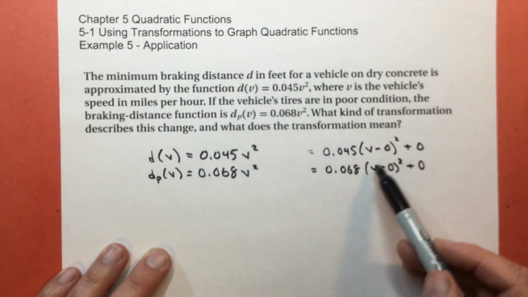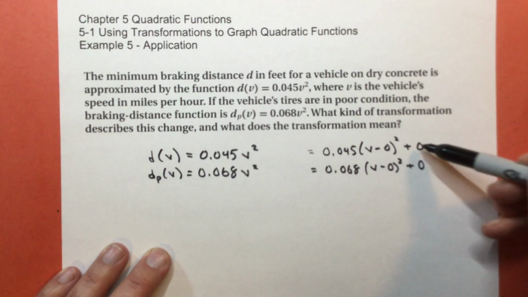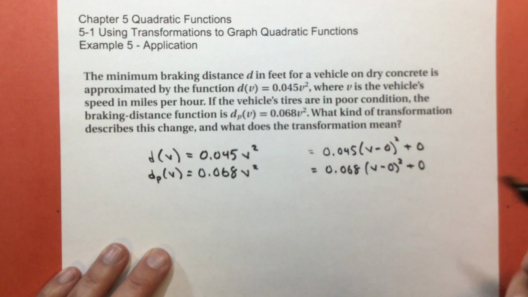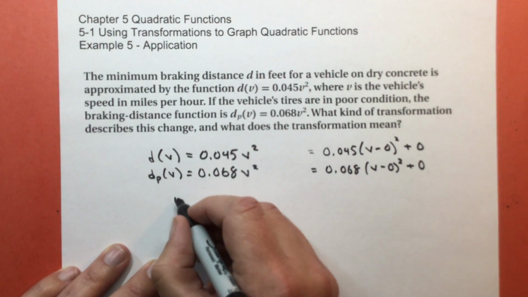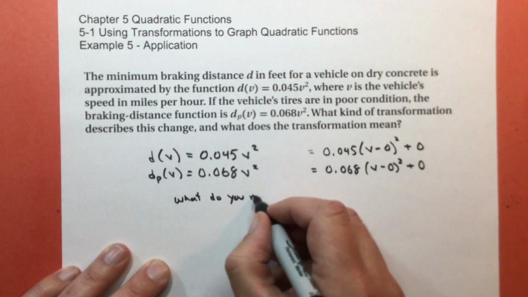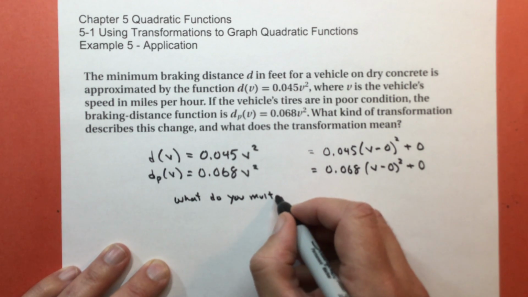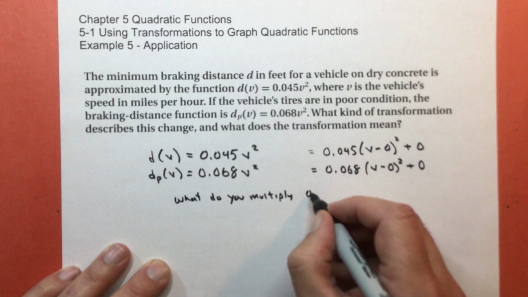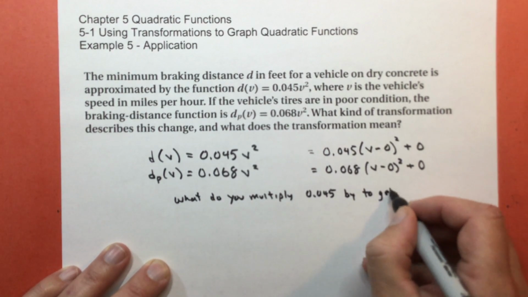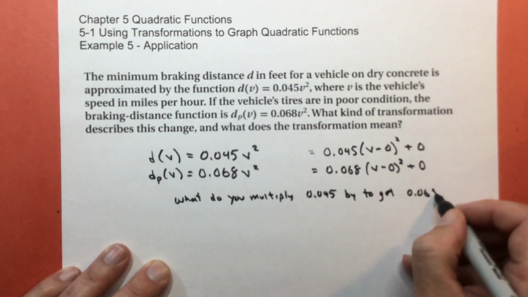So it's not a translation. Nothing, this stayed the same and that stayed the same. It seems like it's either a stretch or compression. So my question is, what do you multiply 0.045 by to get 0.068?